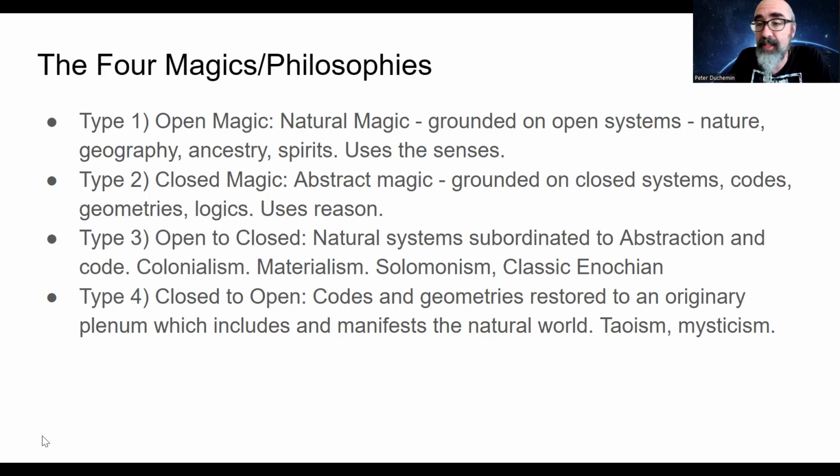So demons and angels, or angels in particular, are often seen as sort of representing an abstract position in a code, the great plan, the logos, right? And so the closed system magic has this idea of a logos in there, and it's usually used more towards what we call high magic.